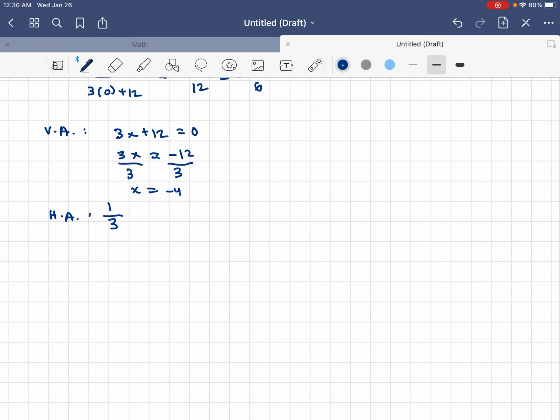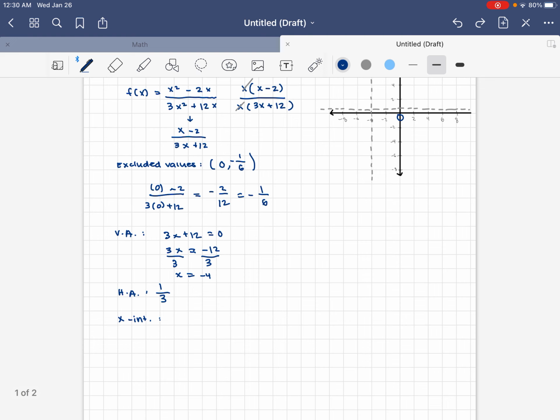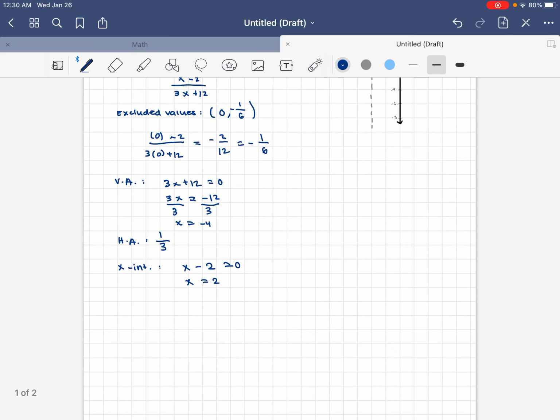The next thing that we should find is our x-intercept. So to find our x-intercept, we're basically going to be solving the top part of our function. Okay, so basically when you solve for the x-intercept, you are solving for the entire function.